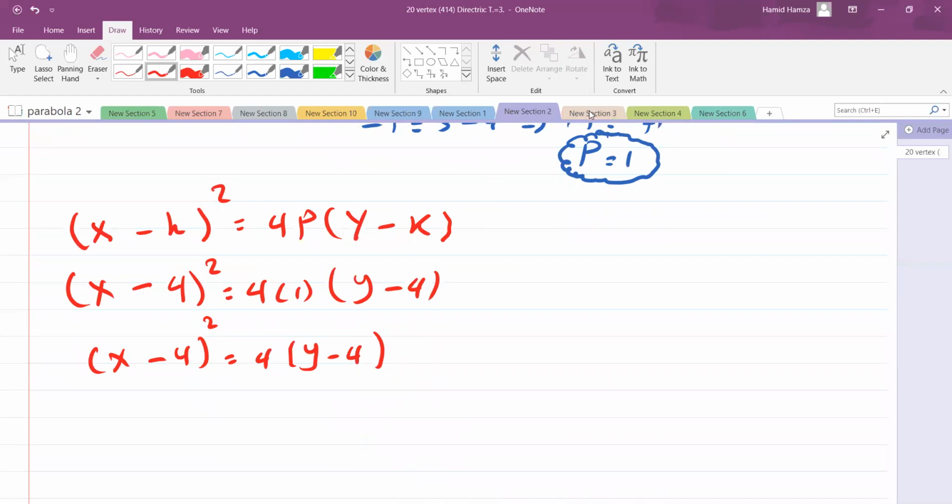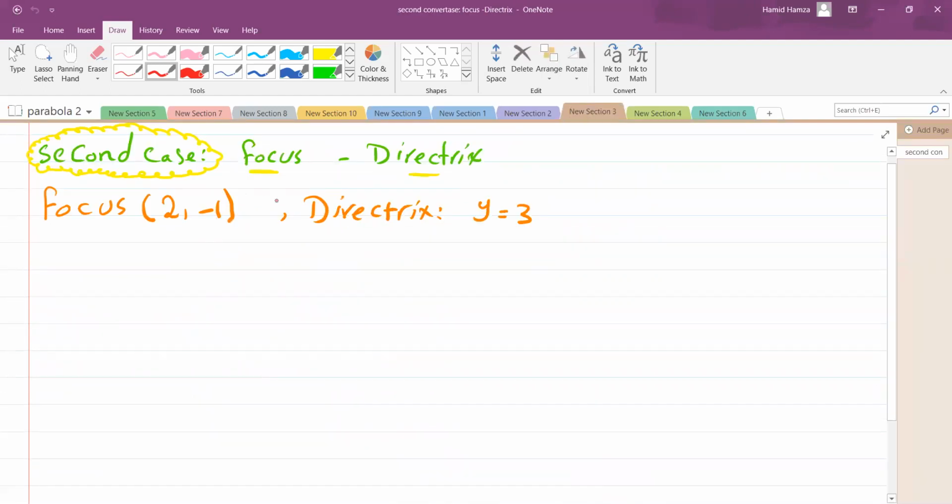So the second case we'll deal with is what if the given are focus and directrix. Focus and directrix, so there is no vertex here. But the vertex is very important to solve the equation, and it is not given.